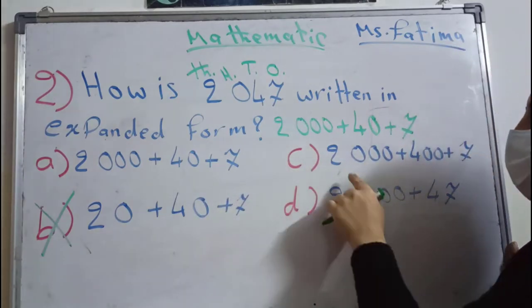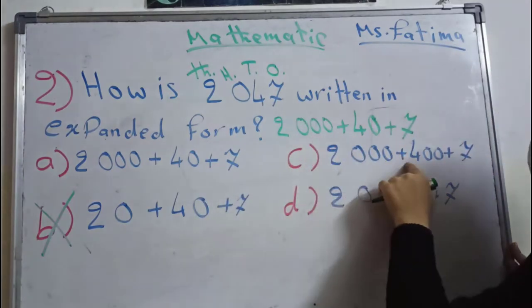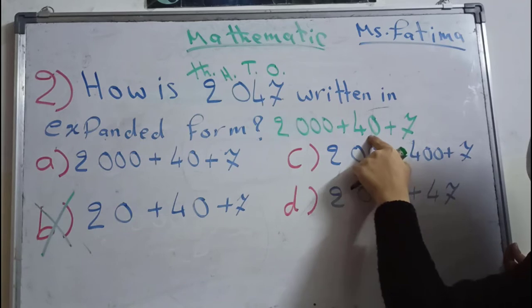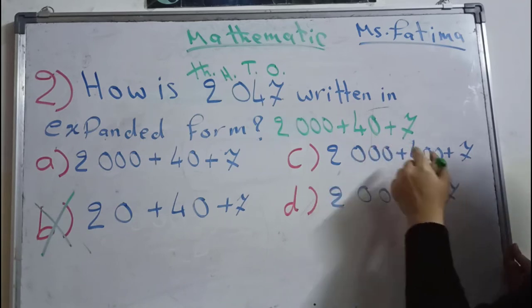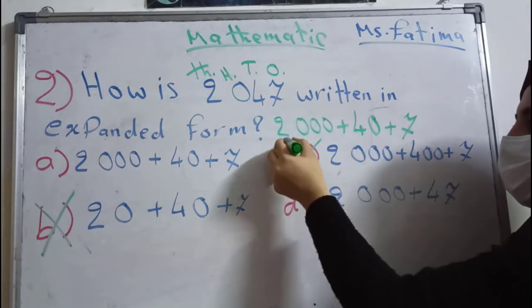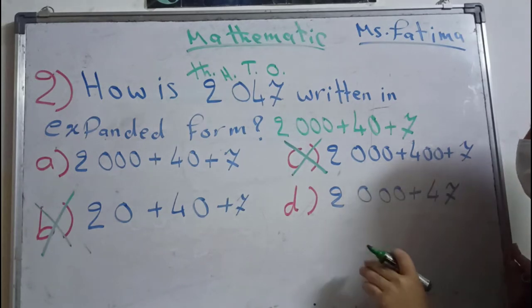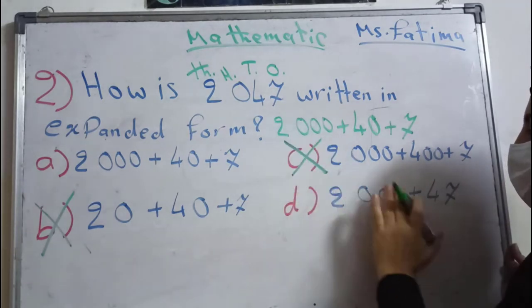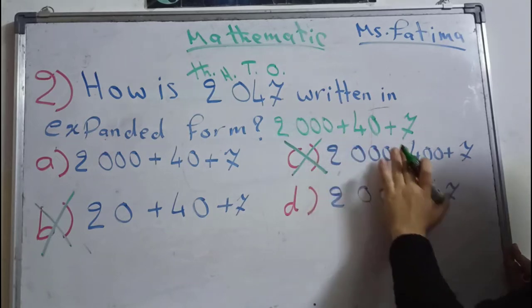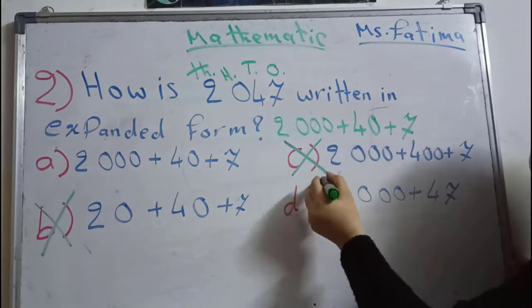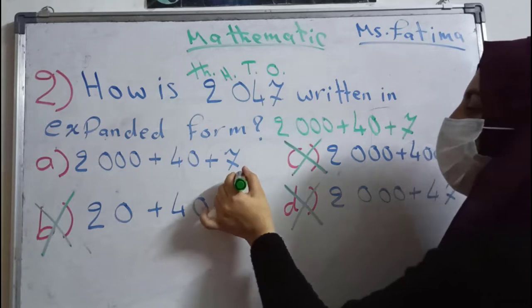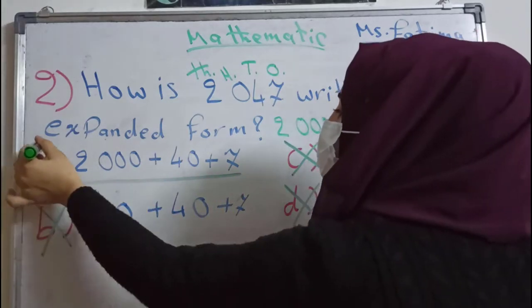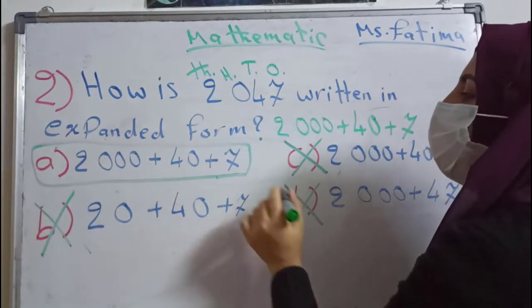Let's go to C. We have 2000 plus 400 in C, but here we have 40, so C is not true too. Let's go to D. In D we have 2000 plus 47, so D is not true. Now students, we choose A because it's the correct answer.